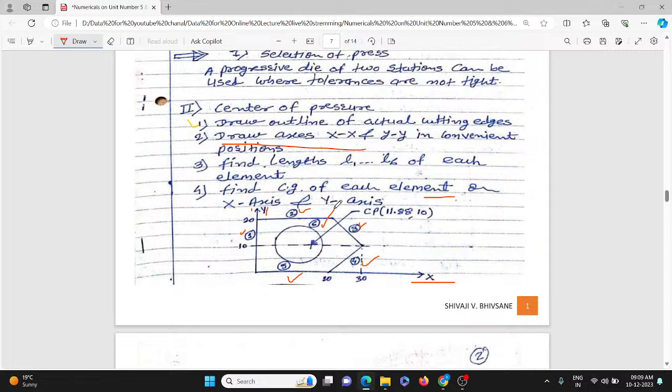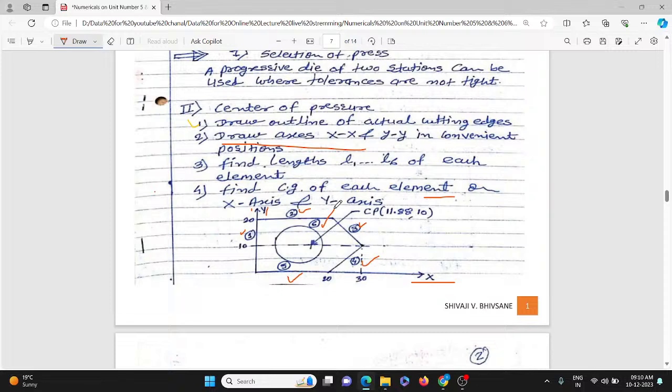So this total geometry will be divided into line segments, that is 6 elements, wherein 5 are straight lines and the sixth one is the circle.